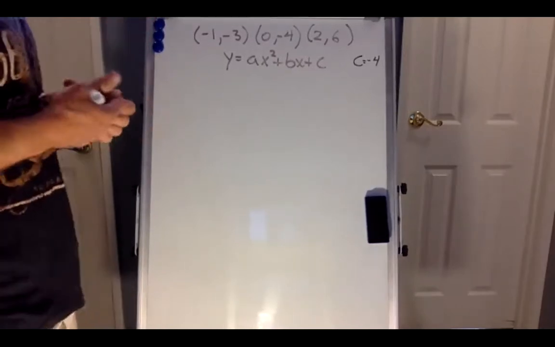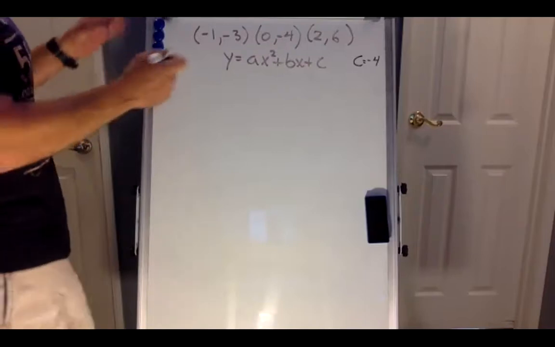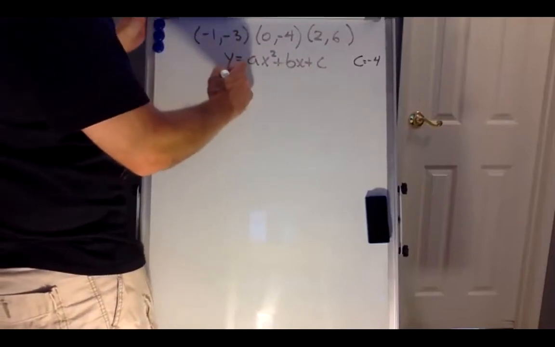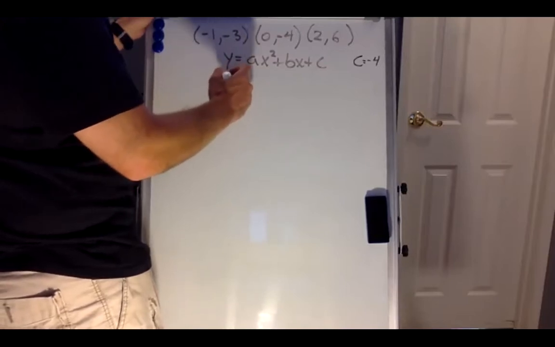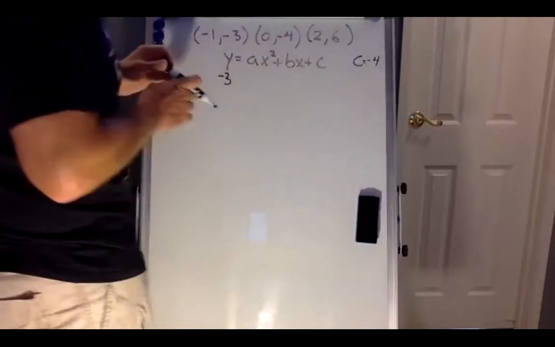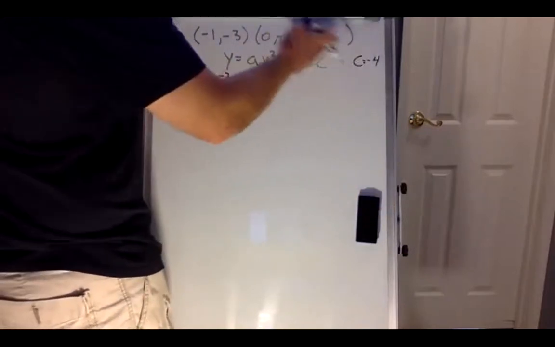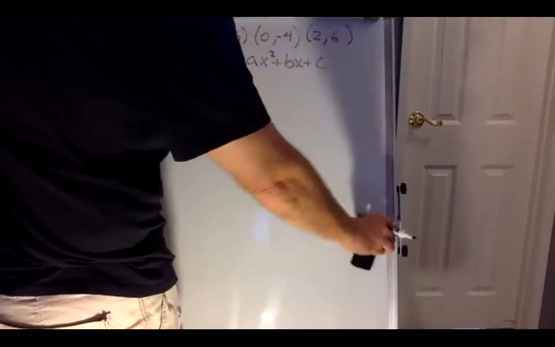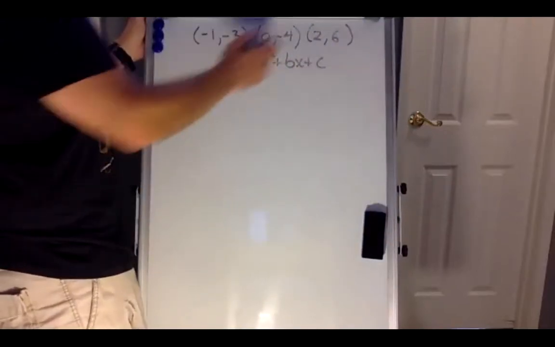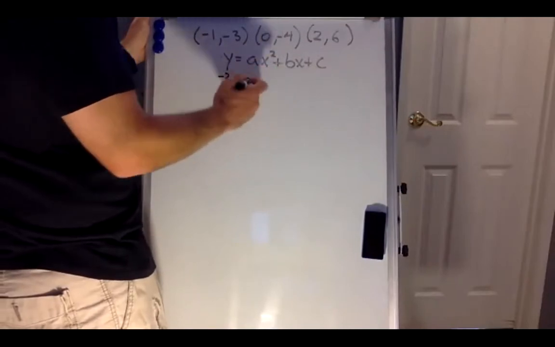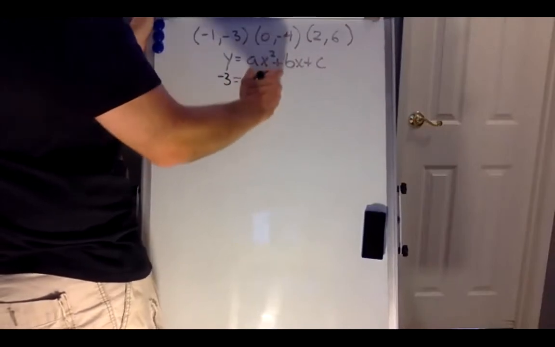Okay, I'm going to try to get you started here. Plug in your first point, -1, -3. And I guess you can have C as -4 if you want, but it's not going to help you do other problems if you didn't have that 1 point. So let's not even use that. Let's see if we can do it without that. A, and then x is -1.